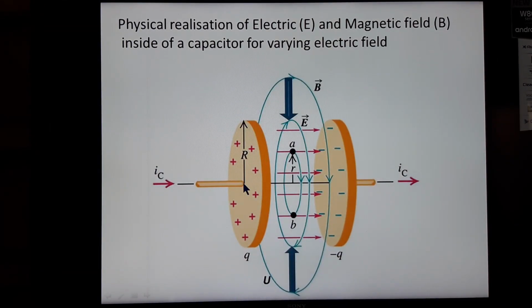Now, for a physical realization of the electric and magnetic fields inside a capacitor for a varying electric field as shown in this figure, we may consider this static diagram at any instant of the AC voltage applied across the capacitor plates, where I_C is the conduction current through the conductor.